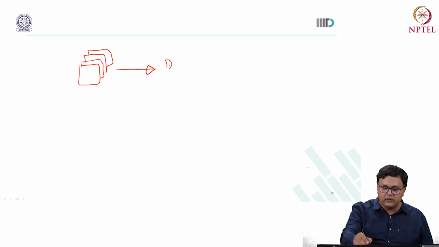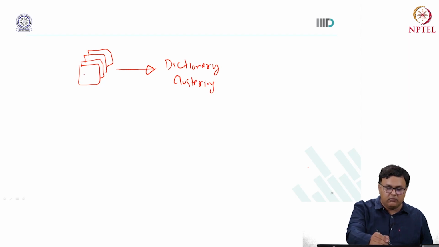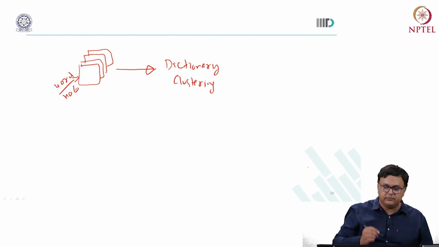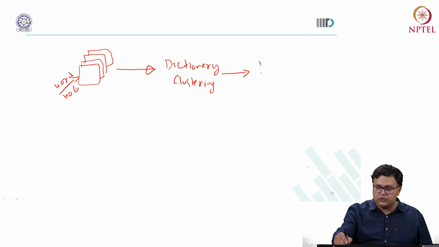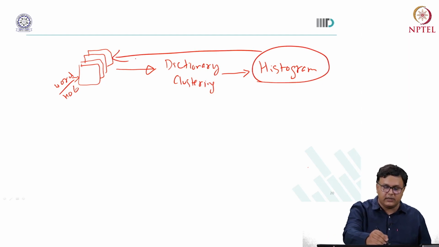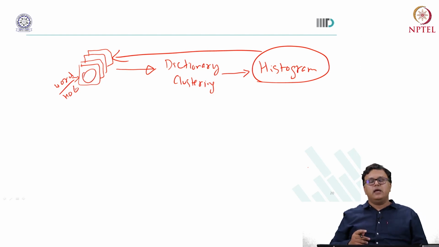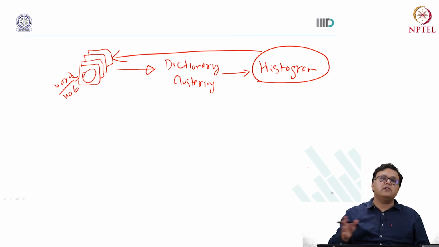So what you will do is you will create a dictionary using, let's say, clustering. So you could say, well, one representation is one frame is a word, and this is represented by, let's say, a HOG based feature. You do dictionary based clustering, then you do the histogram creation process, which is essentially referred to as your vector quantization. Now you will have a single histogram for one video. Okay, so this could be a face across all the frames, and this way you can have facial expression recognition for dynamic, where you have a series of frames coming in.